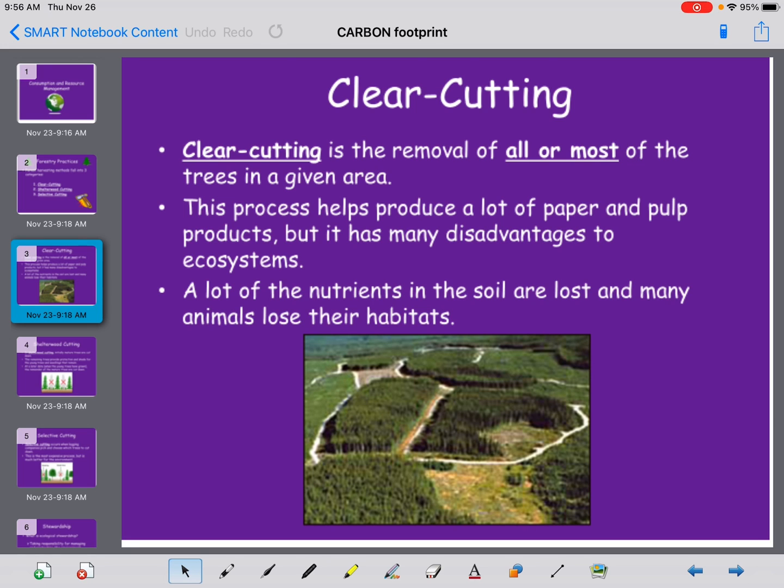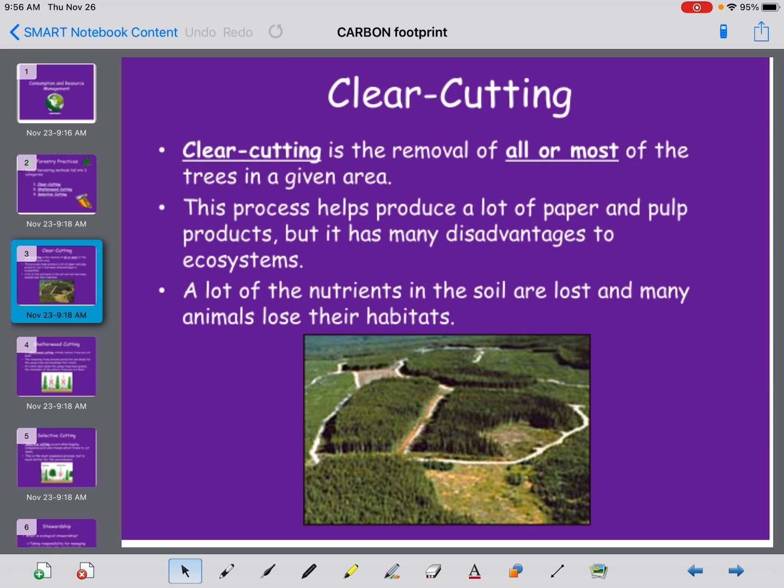Not only are you removing the entire habitat for many different animals, but you're also going to cause soil erosion, which we looked at earlier in this unit. This is where if there are no producers or protective trees in that area, when there is rain and wind, it can essentially wash away the nutrients in the soil.